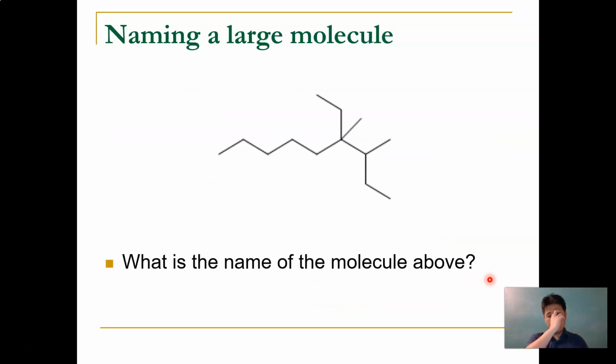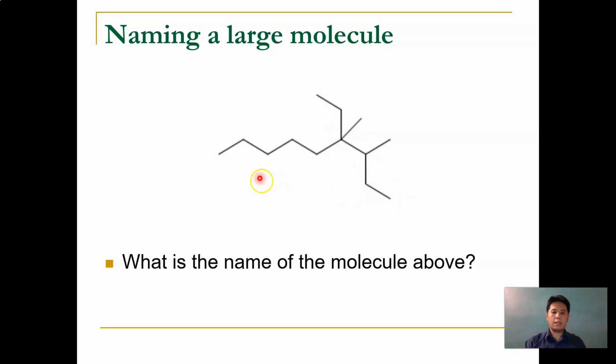Okay, so what is the name of this molecule? You can get molecules that look very odd, just like this, but again the rule is still the same. You find the parent chain: 1, 2, 3, 4, 5, 6, 7, 8, 9.